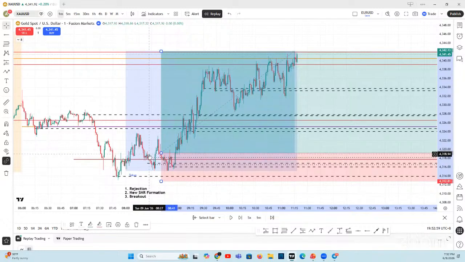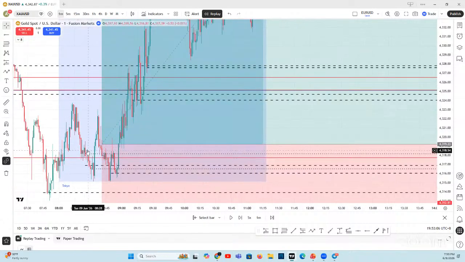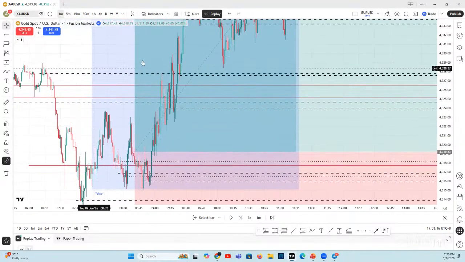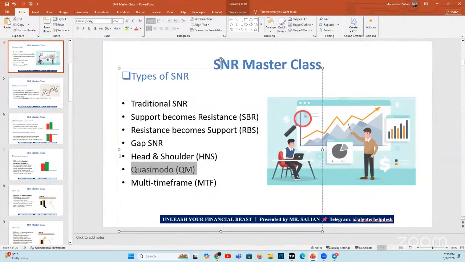Plus the breakout of the traditional SNR here in M1. Once it broke that, yes, it went there, but for some seconds it's doing something here. But I know this is going to fly. Why? Because of this pattern, guys. The QM.